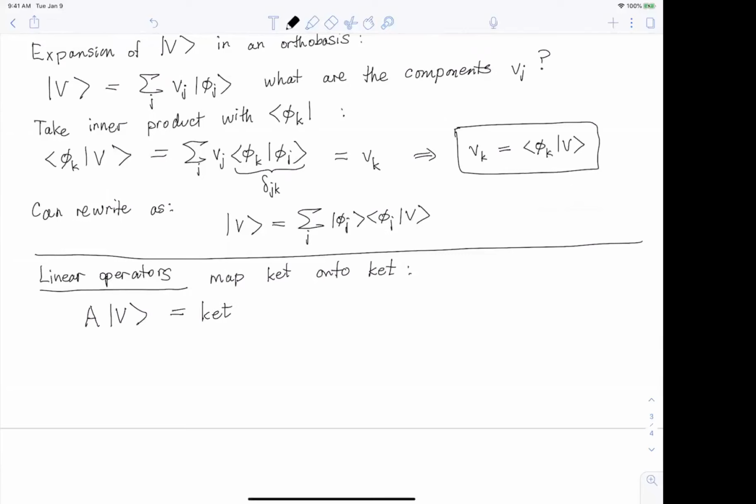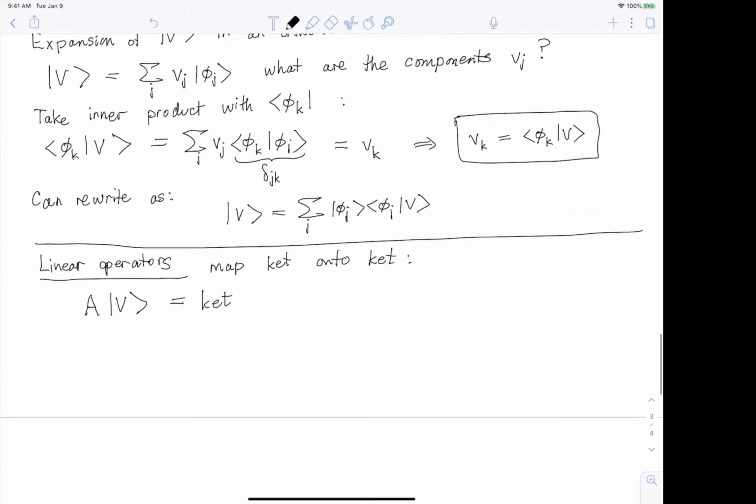We call the ket A times v, or A acting on v. And also, it turns bras into bras. So if I have a bra v acting with A, that's a bra.